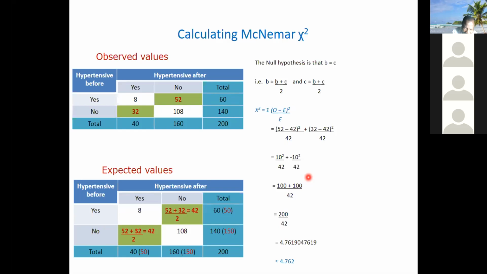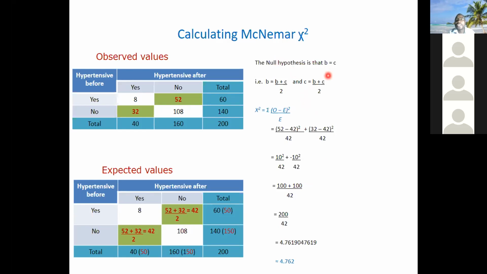That is, the value here should be equal to the value here. What should be the value in each of them? 42. Yes, because all you need to do is add the two discordant cells together and divide by 2, each of them. So we have that value.